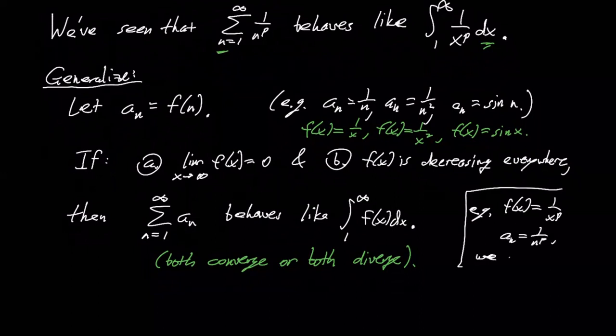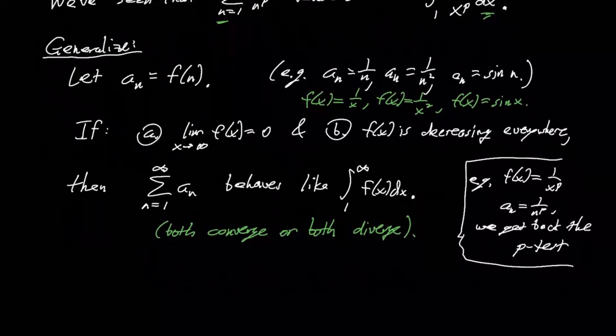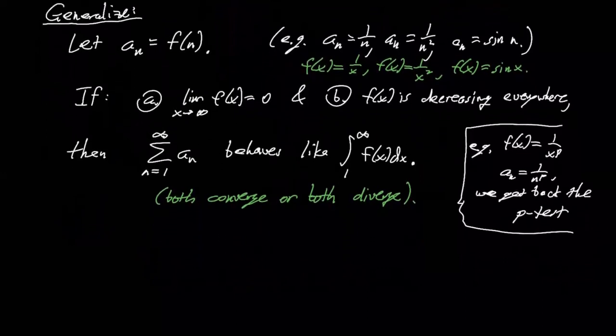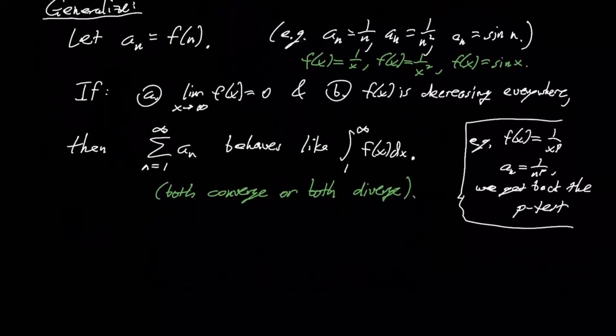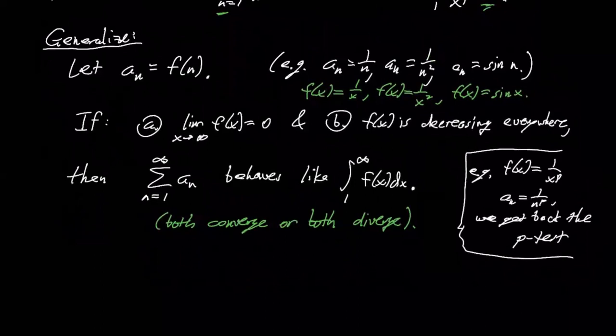But this actually works for broader classes of functions than just the 1 over x to the p function. So let's think about why this works, because we gave arguments for why the p-test works. By the way, this is what's called the integral test right here. That's the integral test.